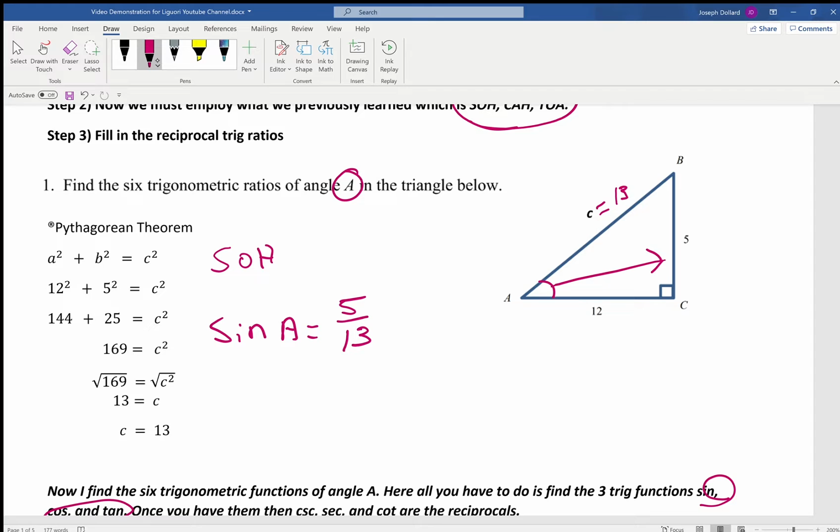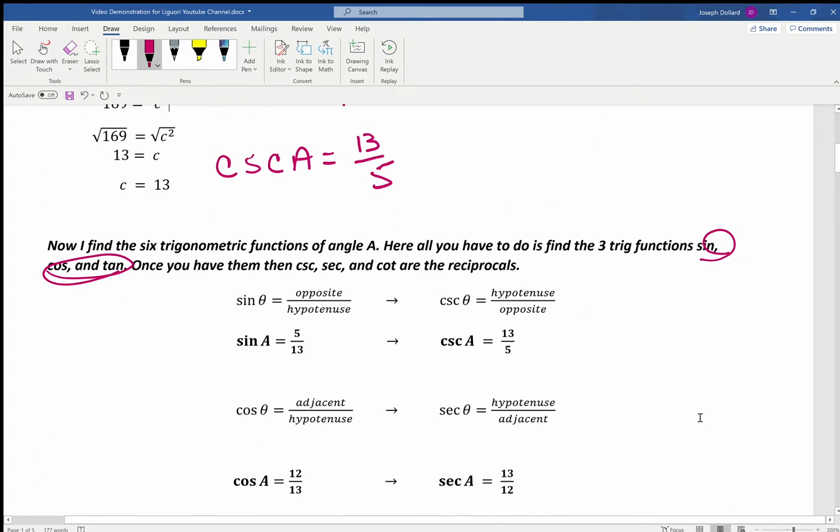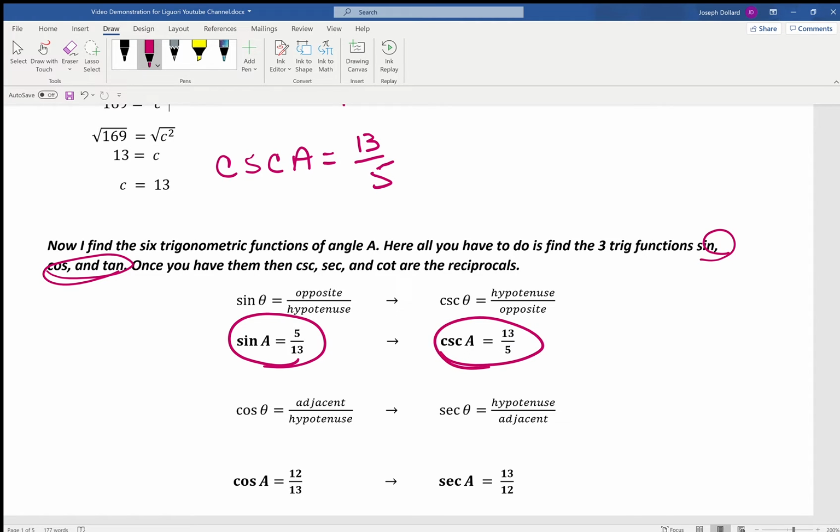Once we have sine of A, cosecant of A is going to be real easy. It's just the reciprocal of that, 13 over 5. If you look down here, that's what we have: sine of A is 5 over 13, and cosecant of A is 13 over 5.